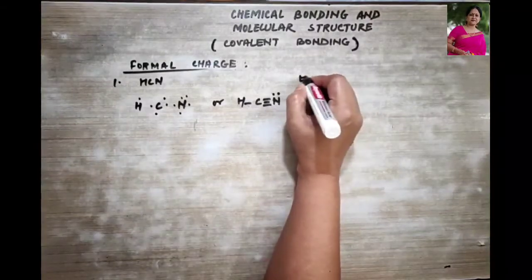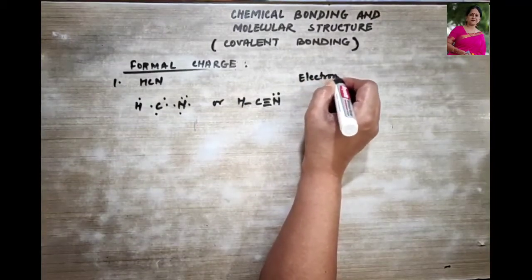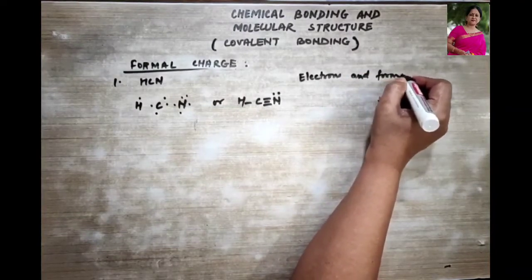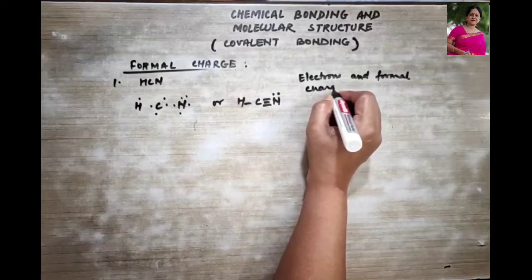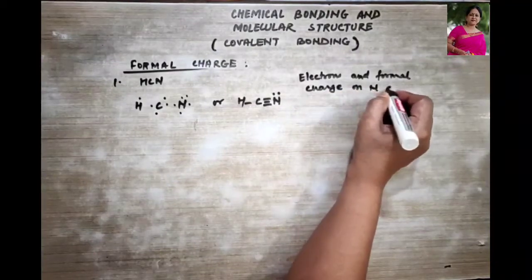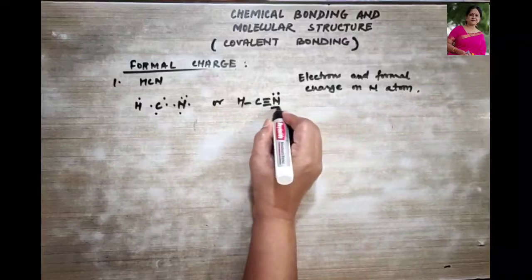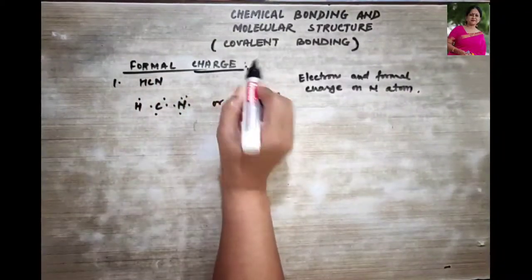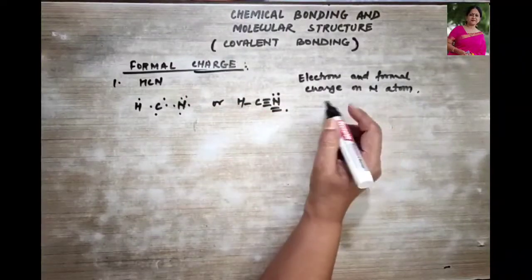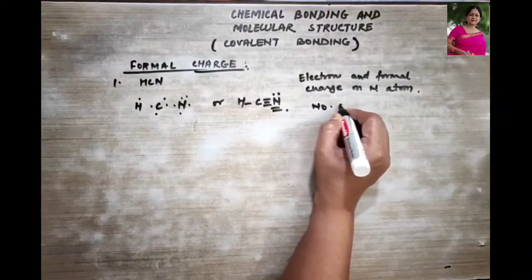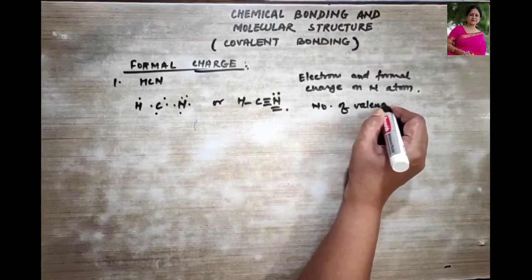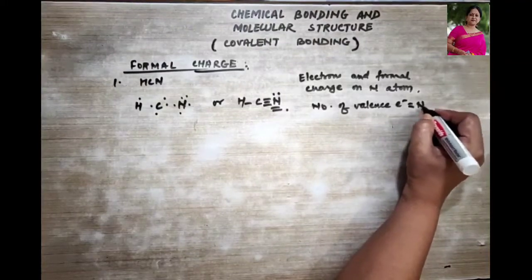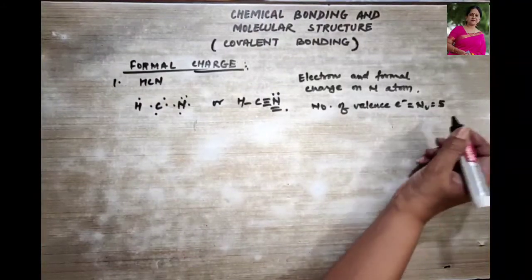Now let us see the electrons and the formal charge on the N atom. I'm talking about the N atom, and revise the rules that I told you for calculating the formal charge. Over here, the number of valence electrons, NV, is equal to 5.